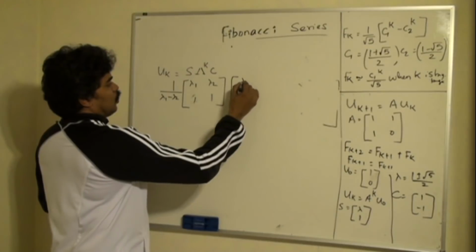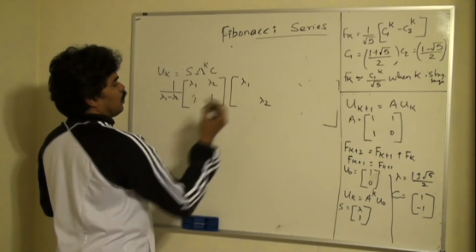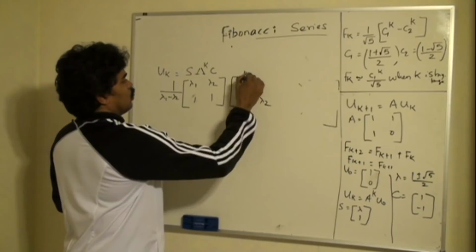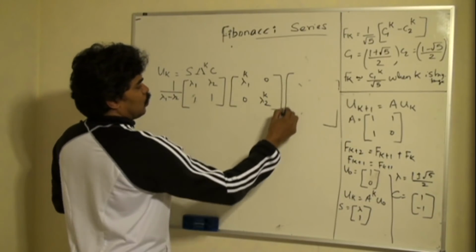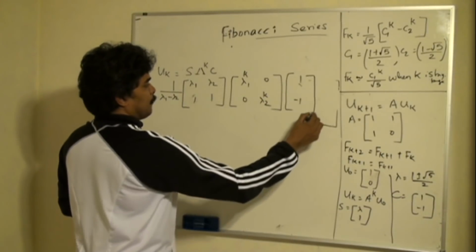You have the eigenvalues on the diagonal raised to the power k, 0, 0, multiplied by 1, minus 1.